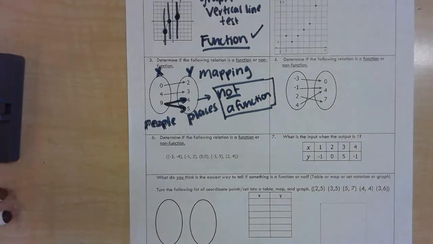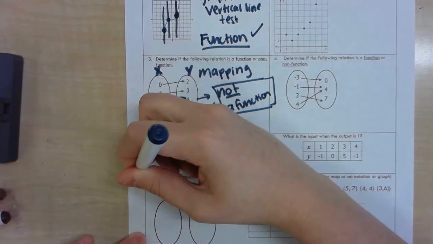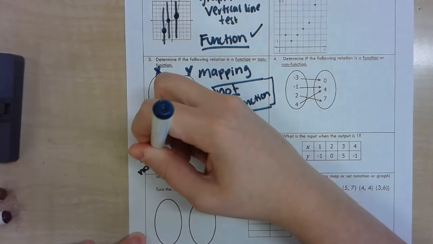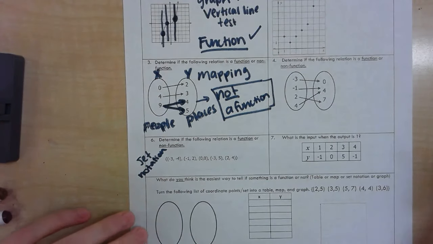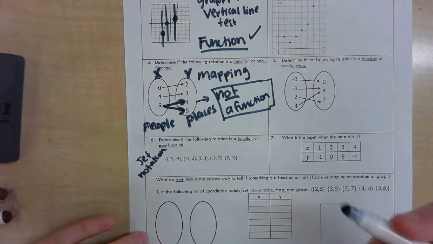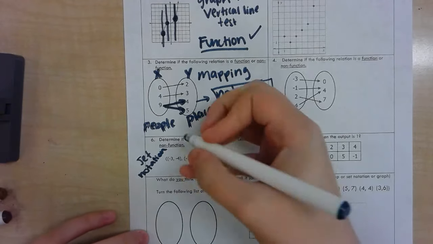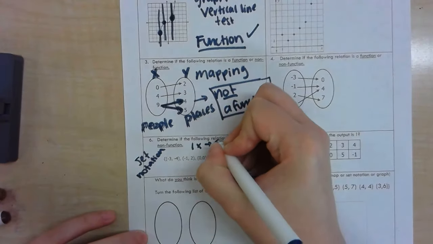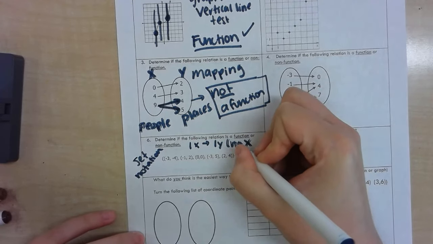Lastly, I'm going to look at my set notation over here. Again, this is called set notation. I remember that I need to look at my x values. The rule for a function in general is that one x can go with only one y, which means no x's can repeat.